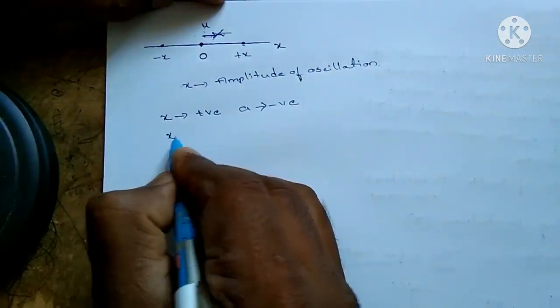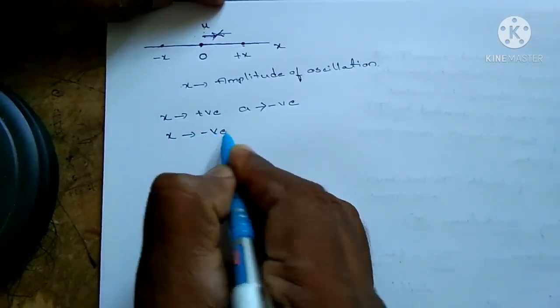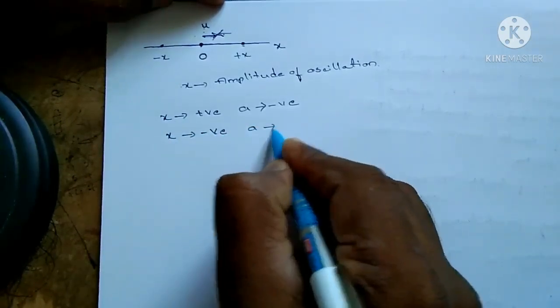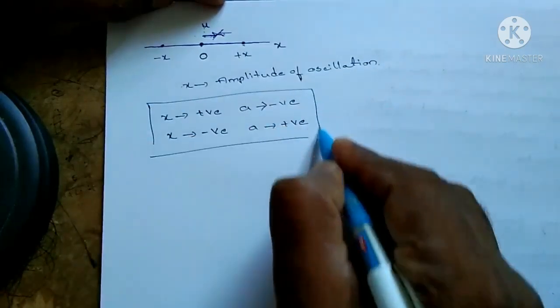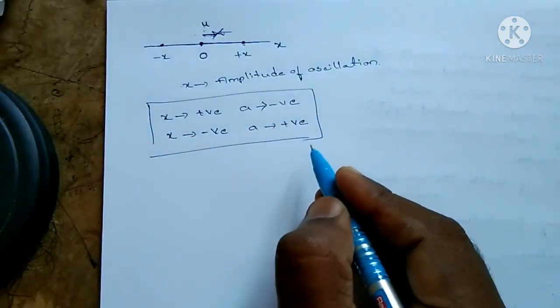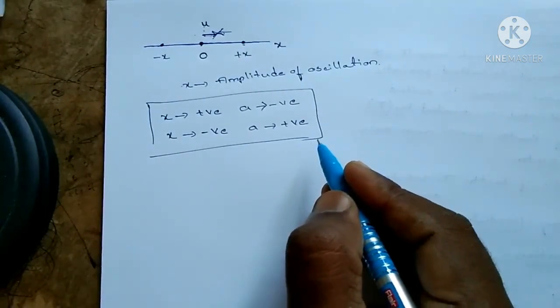Similarly, if I take x along the negative x-axis, acceleration should be along the positive x-axis. So if this condition is satisfied, then the particle will be oscillating.